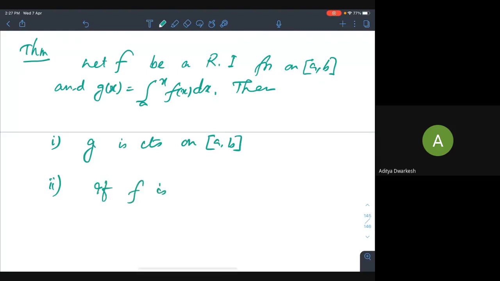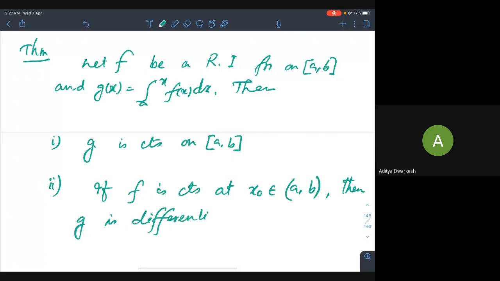If f is continuous at some point x0 in [a,b], then g is differentiable at that point x0, and g'(x0) is f(x0). So that gives integration is kind of an antiderivative.